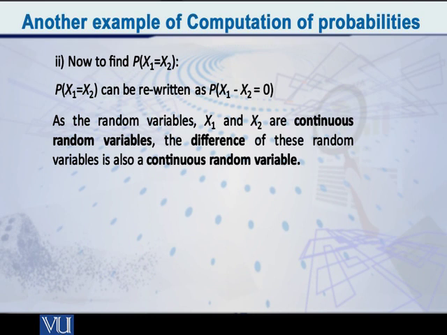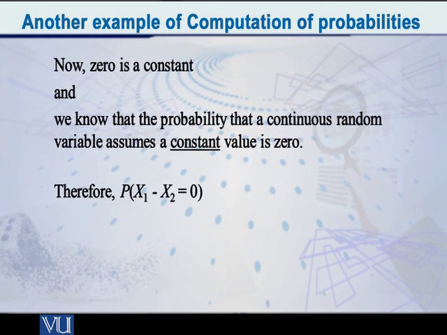But the point that you have to understand here is that if we are wanting to compute the probability that this new random variable x1 minus x2, चाहे आप उसका नाम y रख दें या w रख दें या कोई और नाम भी रख दें, is equal to 0, तो जो सोचने की बात है वो ये है कि 0 is a constant and we know by the basic definitions that the probability of a continuous random variable being equal to a constant is always 0.